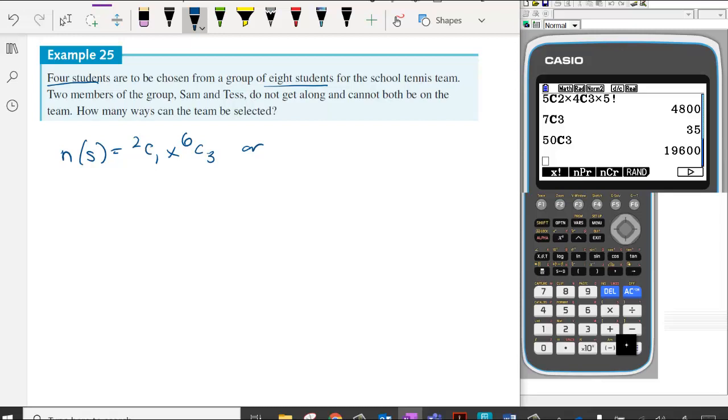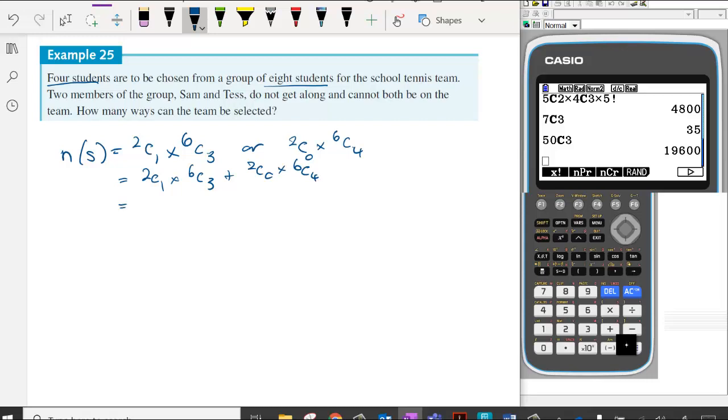So that means that we would have 2C0, which is just going to be equal to 1. And that means we've got 6 for the remaining 4 spots. So that means we've got 2C1 multiplied by 6C3 plus 2C0 multiplied by 6C4.